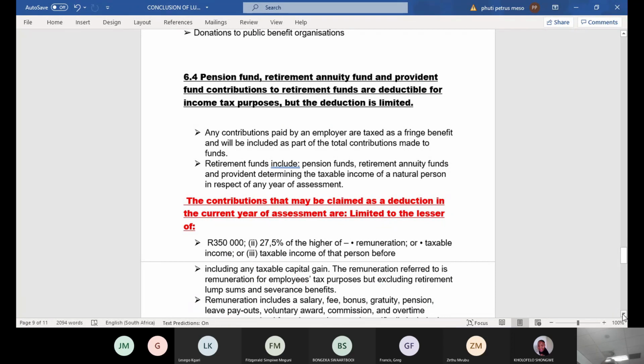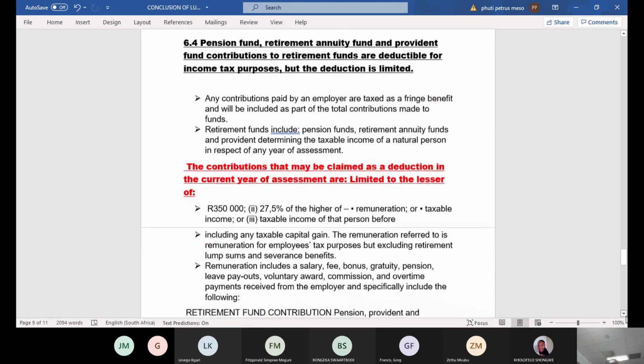Any contribution paid by an employer is taxed as a fringe benefit and will be included as part of the total contributions made to funds. Retirement funds, including your pension, retirement annuity and provident funds, are considered in determining the taxable income of a person in respect of any year of assessment. And this is how it goes.